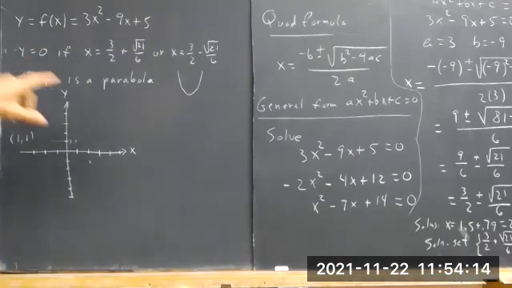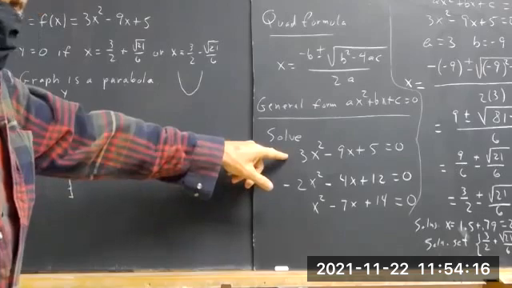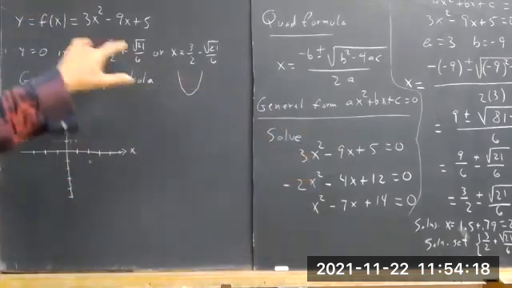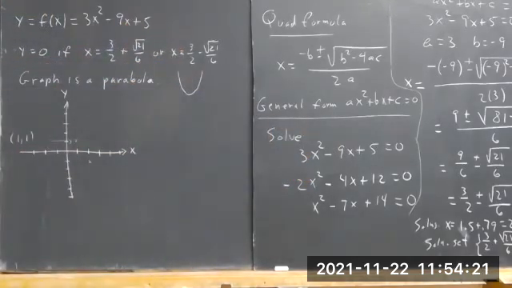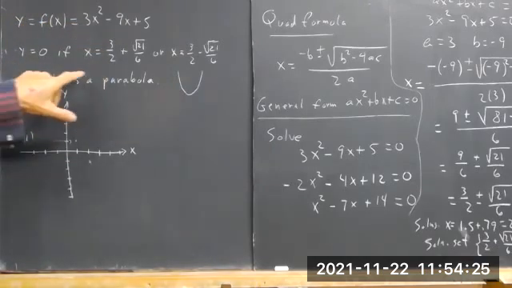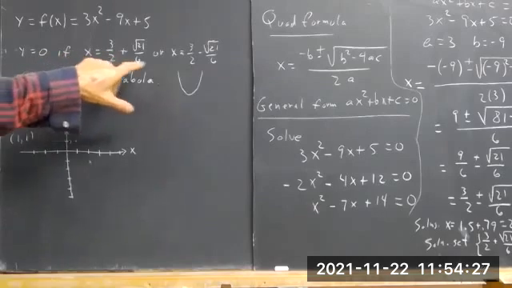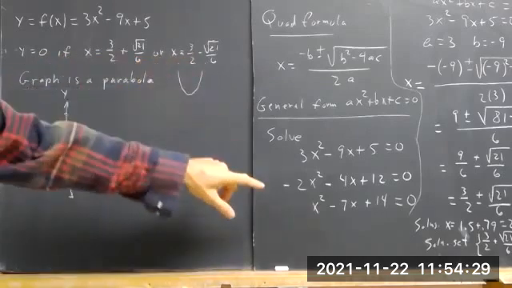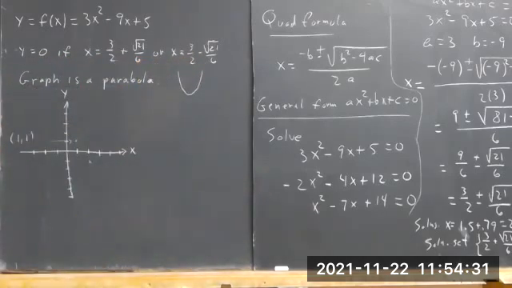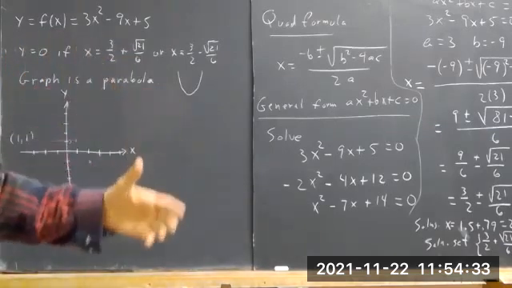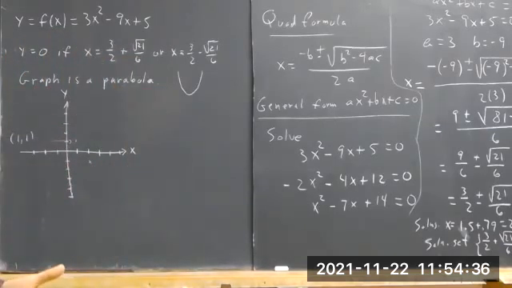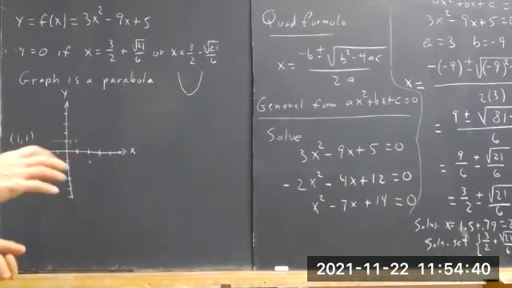We've already solved the equation we get when we set this expression equal to 0. And of course, that's what y equals. So y equals 0 if x is equal to this or this. So these are the solutions we got, and we approximated them. We get about 2.3 and negative 0.8.